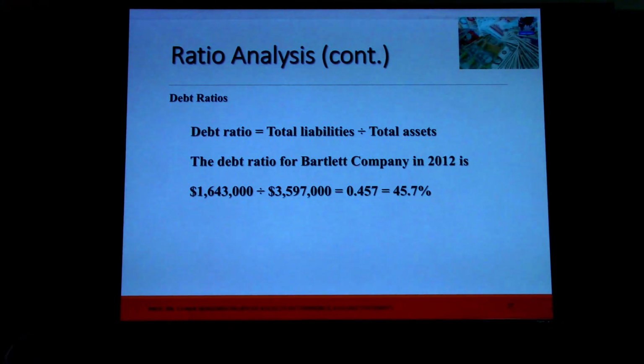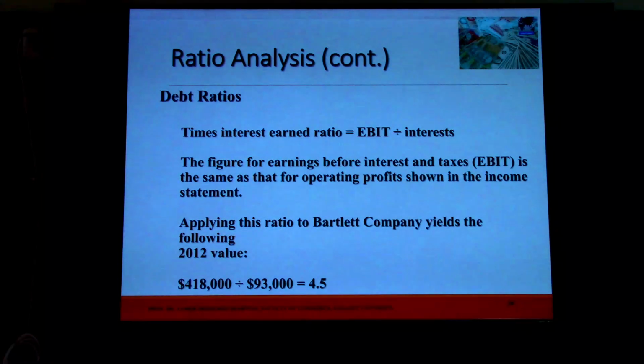It reflects how the firm is using debt to finance its assets. So the complement of this ratio reflects how much equity is in this firm and how the firm is using equity to finance its assets.